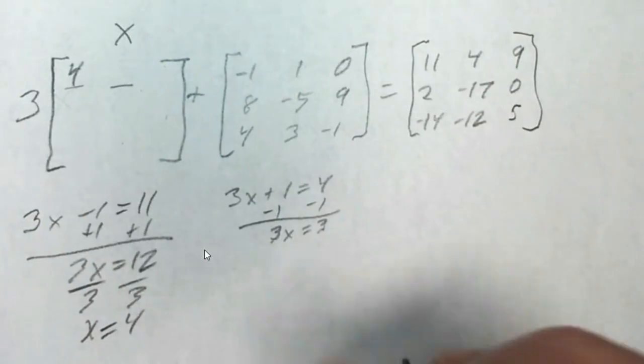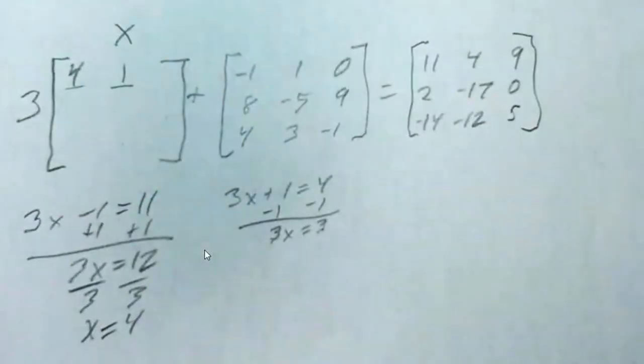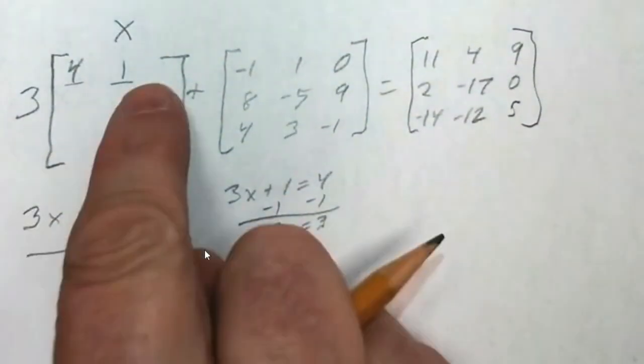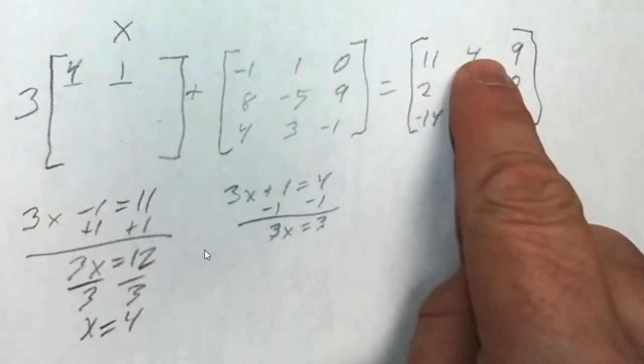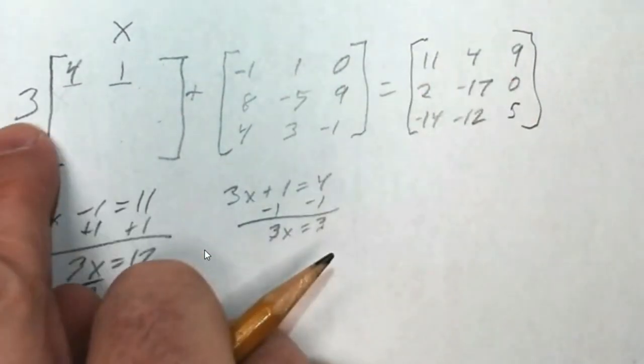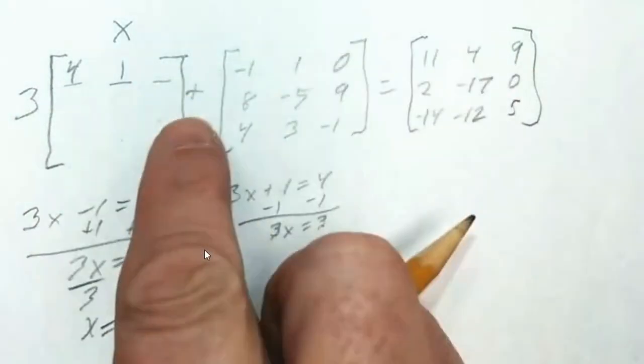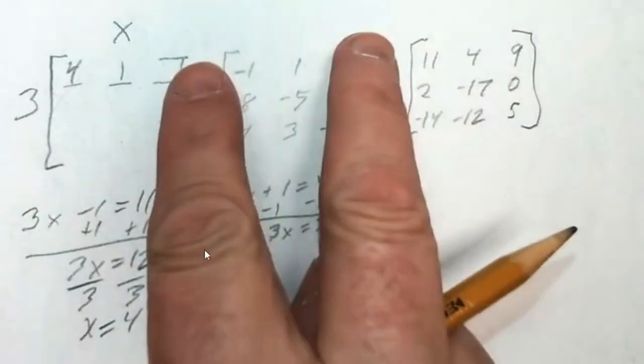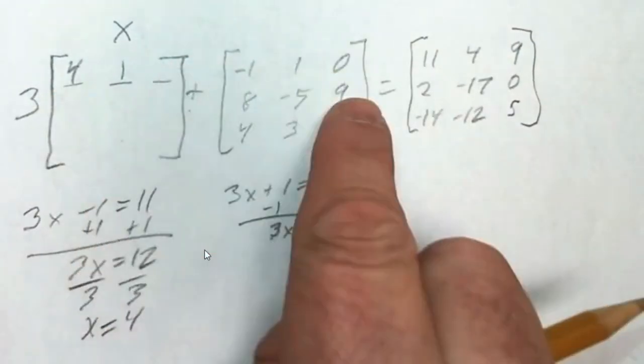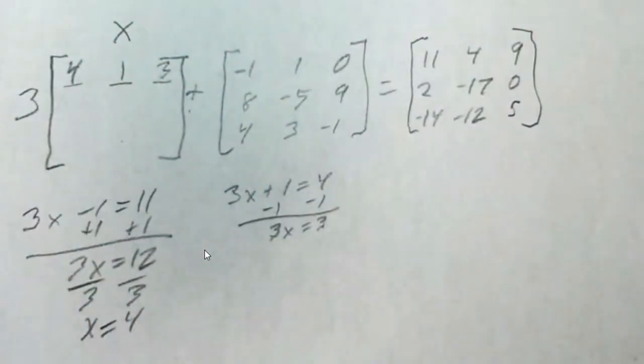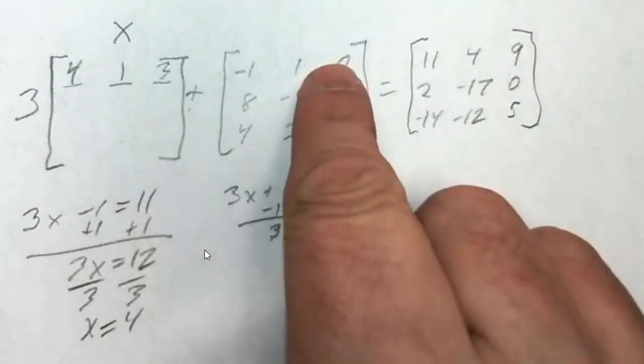Well, 3 times x equals 3. X must be 1. 3 times 1 plus 1 equals 4. 3 times something plus 0. So I don't even need that. 3 times something equals 9. Well, 3 times 3 equals 9. Even if I add 0 to it.